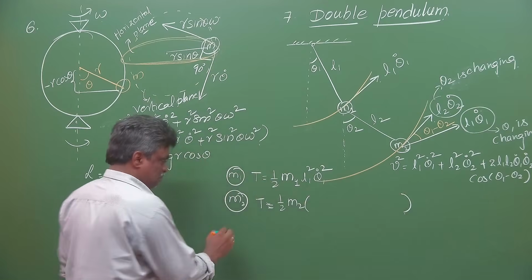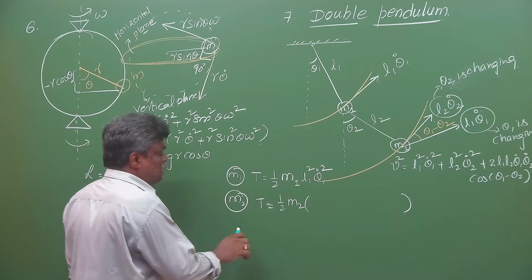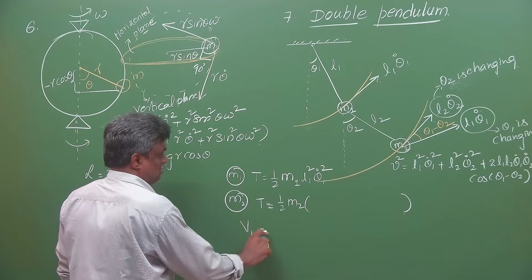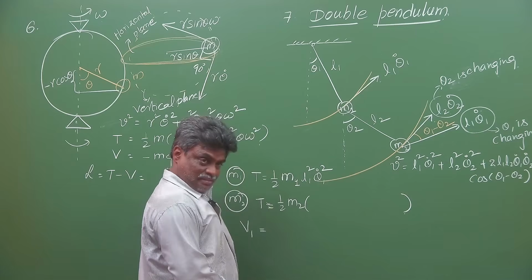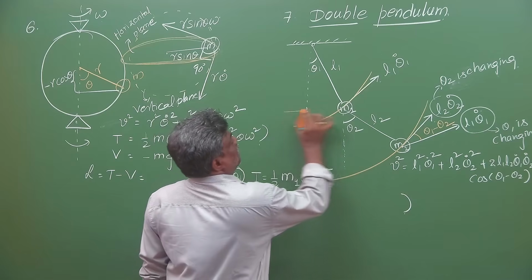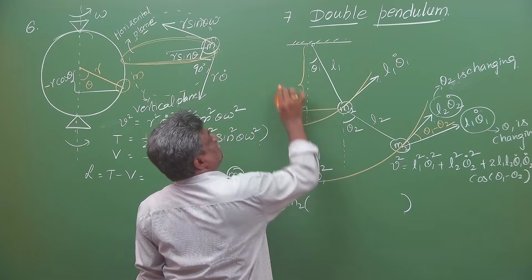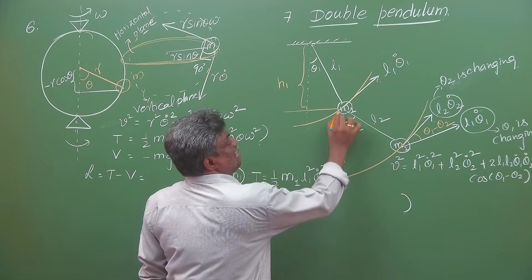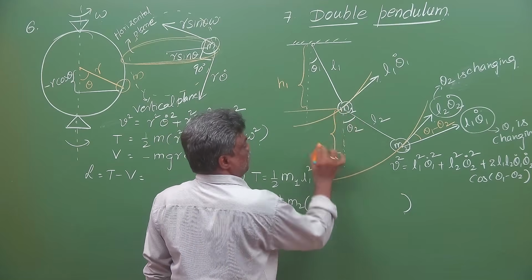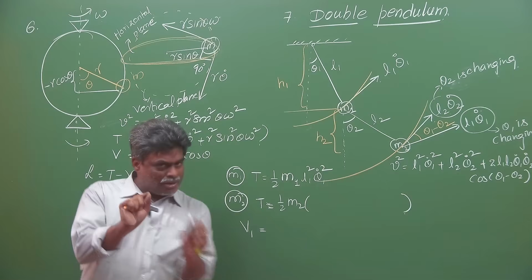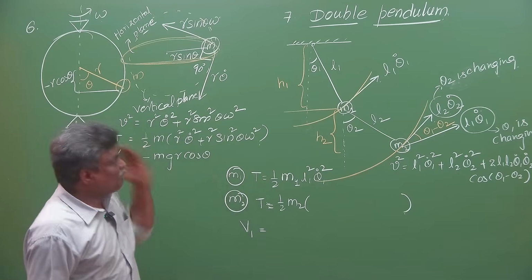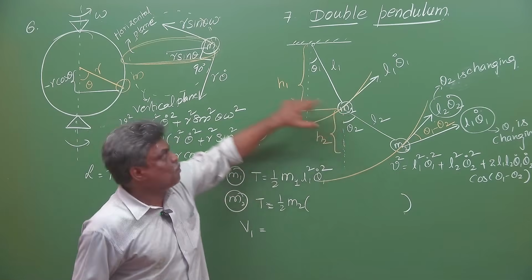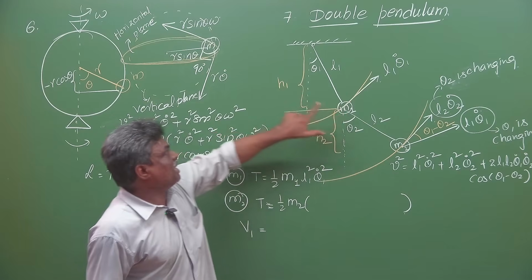Next, wait. I have to find the potential energy of the first mass. This is the first mass. So let us suppose first mass depth is h1, okay, and second mass depth from this point, how much? I want to ask one thing. While you are finding potential energy for M1, what you will consider?